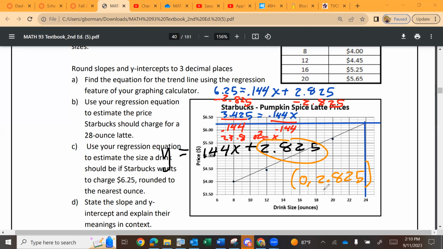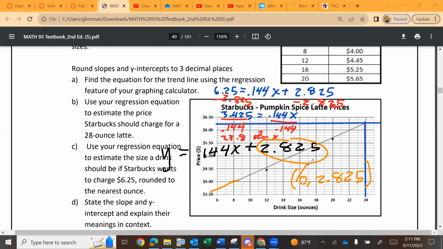Now the fact that this clearly is not going to hit at 2.825, which is like down here somewhere, kind of makes me suspicious that maybe my equation is wrong. Except that answer to C was really close to what I expected. So I'm not sure. It'd be a good idea for me to go back and double check I typed everything into my calculator correctly. Anyway, this is going to be the y-intercept.